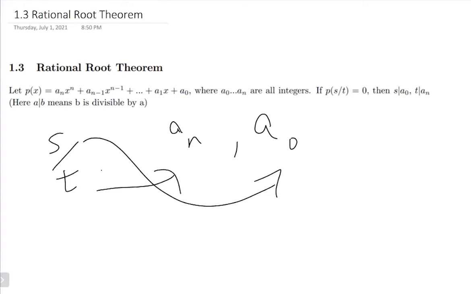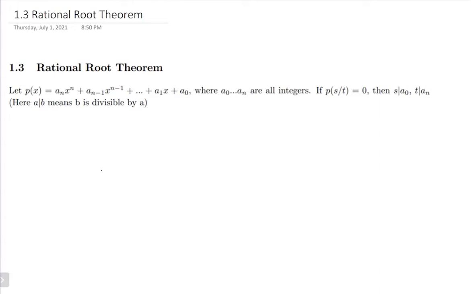We'll see a possible reason why this is when we discuss Vieta's theorem later on. But for now, just remember that for a rational number that is the root of a polynomial with only integer coefficients, the numerator divides the constant, and the denominator of the root divides the leading coefficient.